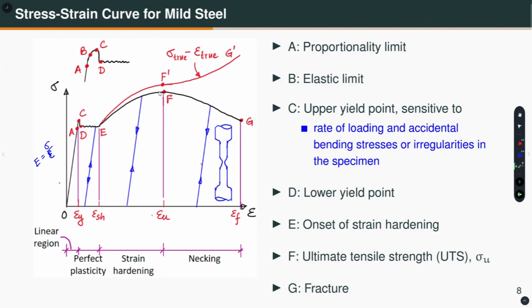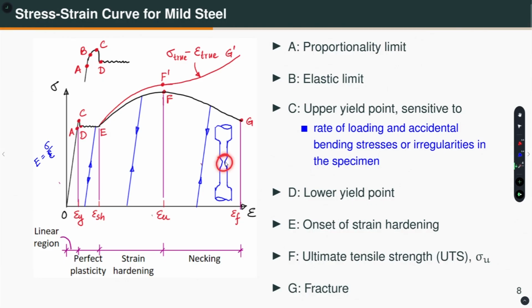After that, this region is called strain hardening. The material continues to take more and more load. If you continue stretching the specimen, eventually the material will fracture. Somewhere within the gauge length, there will be significant reduction in the cross sectional area, which we call necking.